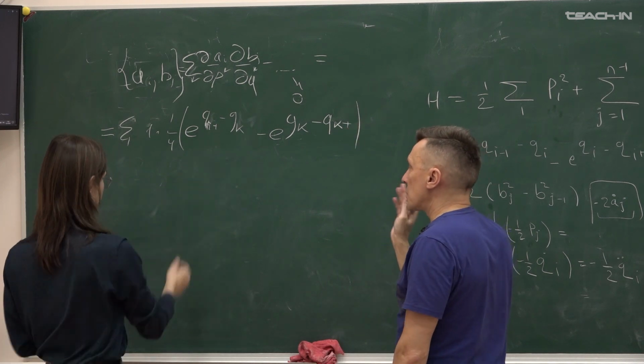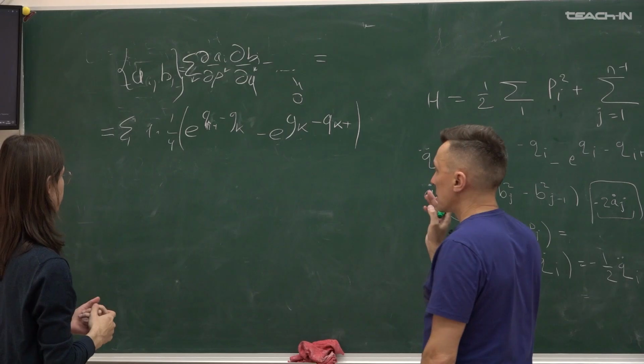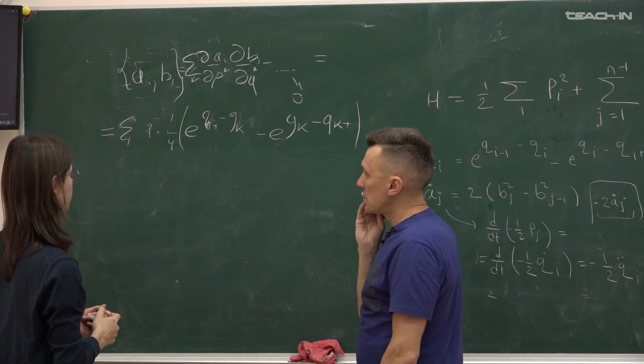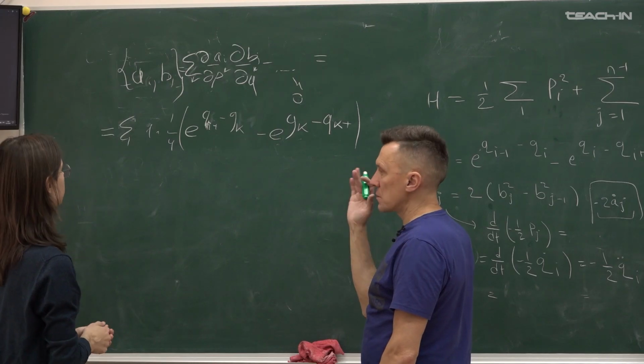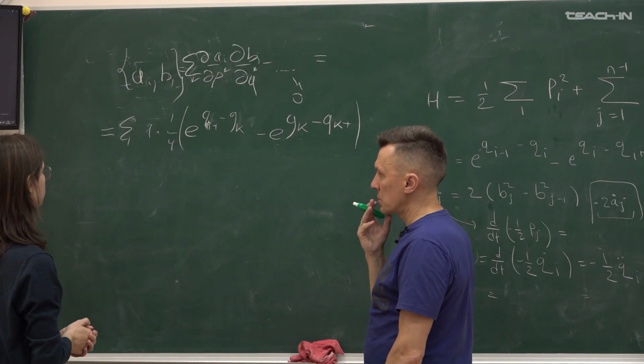There is quite a strong restriction. For most indices I and j, there are no non-trivial terms.